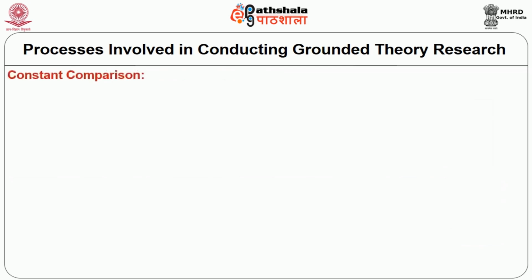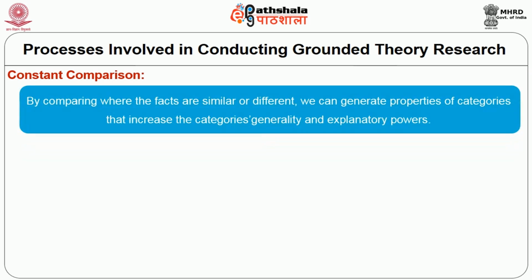Constant comparison. One of the fundamental features of grounded theory is the application of the constant comparative method. By comparing where the facts are similar or different, we can generate properties of categories that increase the category's generality and explanatory powers.